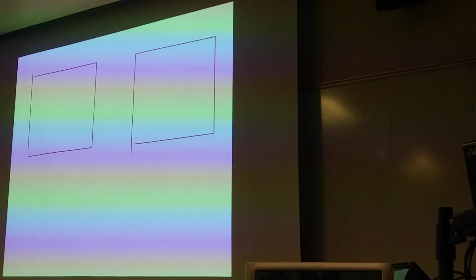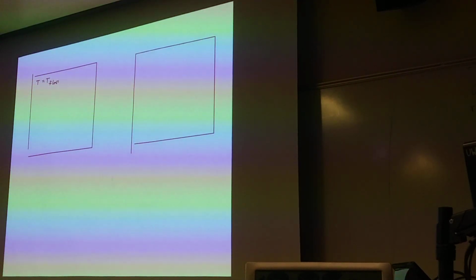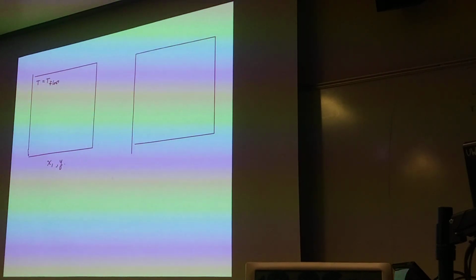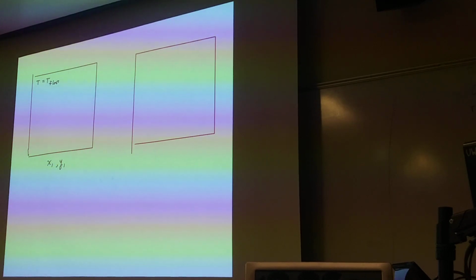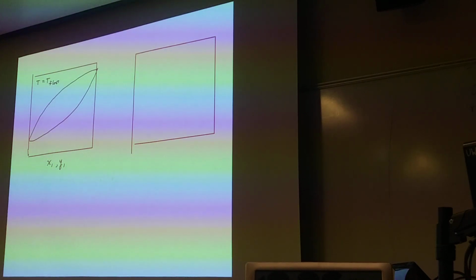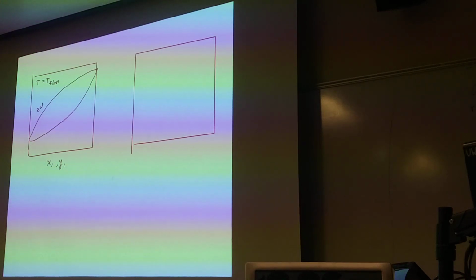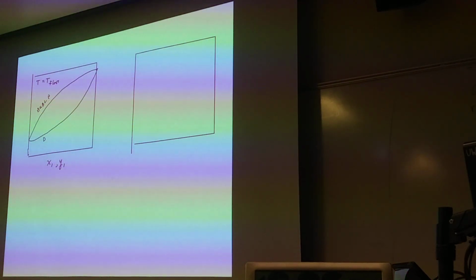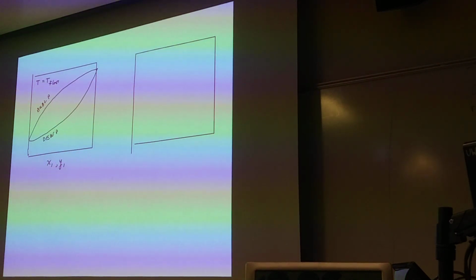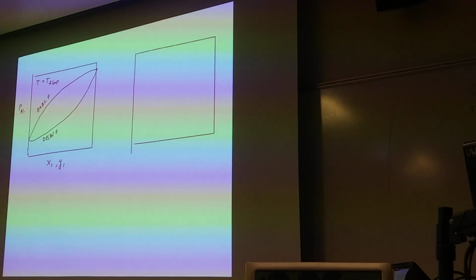So if this is the case where T is the temperature of the flash, here's my X1 and Y1. Here's my bubble point pressure, and here's my dew point pressure, and this is the pressure of the flash.